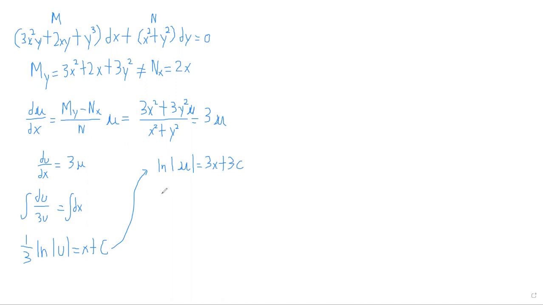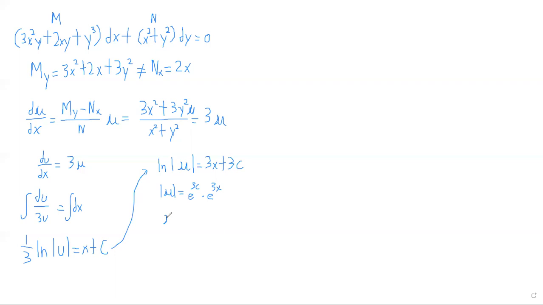I'm going to do it slowly. I don't like to make mistakes. So the absolute value of mu is e to the power of 3c times e to the power of 3x. And when you take mu, you can just put plus or minus on this.